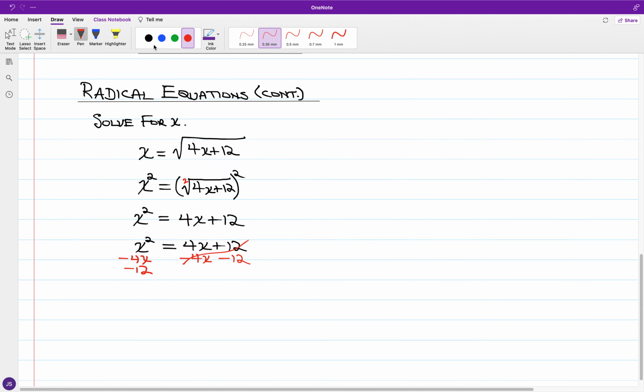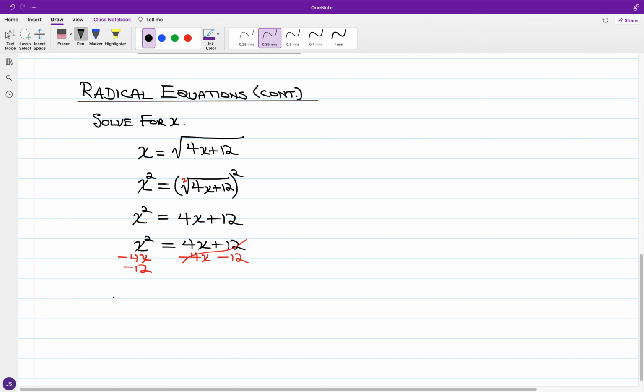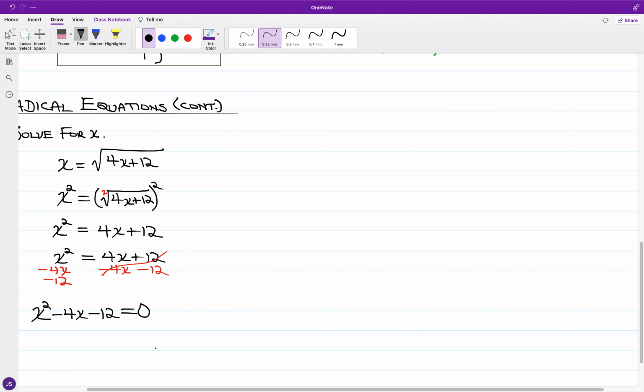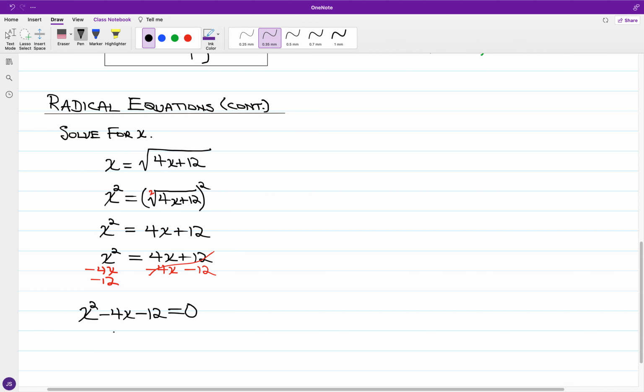So in the setup, we got x squared minus 4x minus 12 is equal to 0.